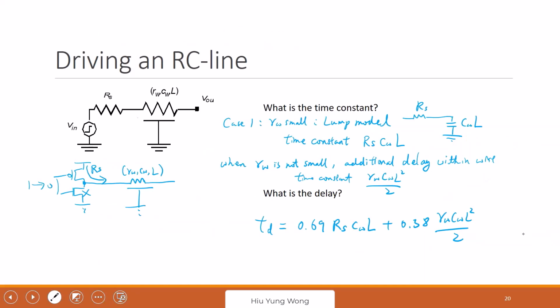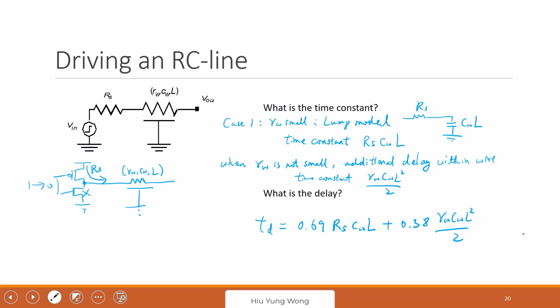Let's pause for 1 minute, make sure you are all okay with this. Are these clear? So here is a concept. To find the delay, you find the time constant, right? For the time constant, you can use RC.